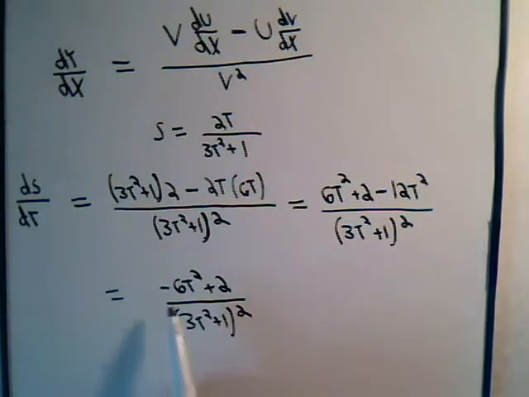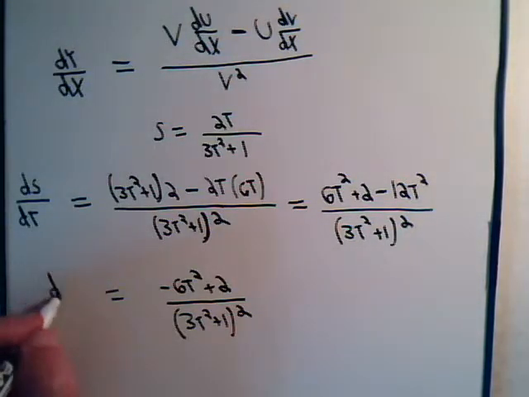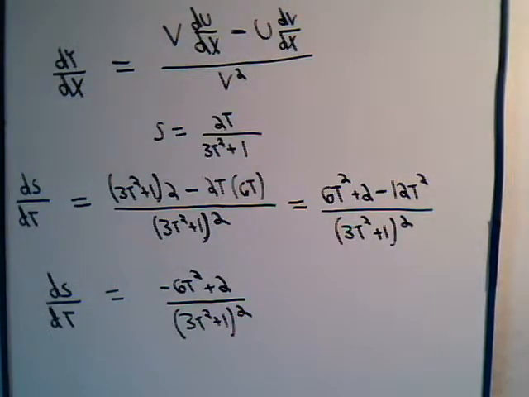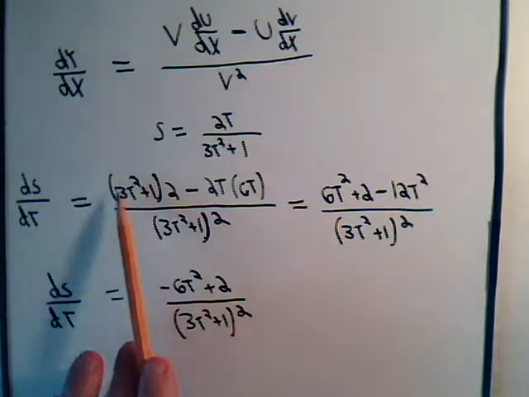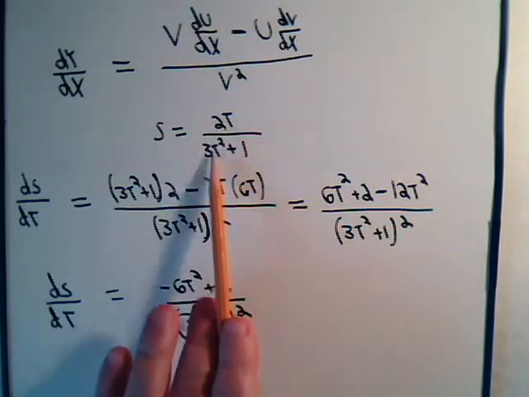And that's it. We could factor out a minus 2 from here if we wanted to, but that essentially is our answer for ds dt. So, again, this is our problem here.